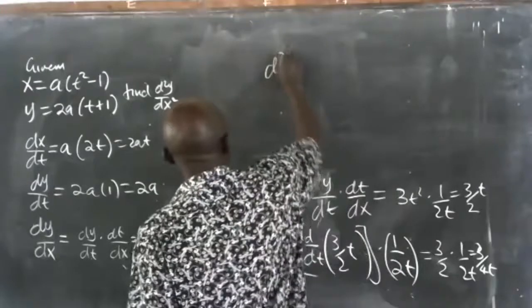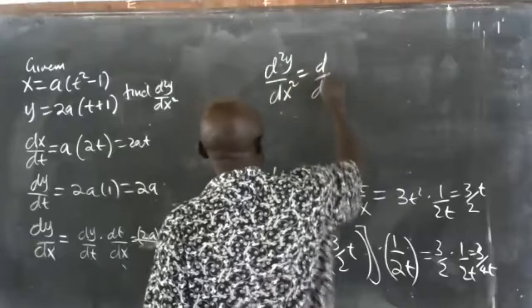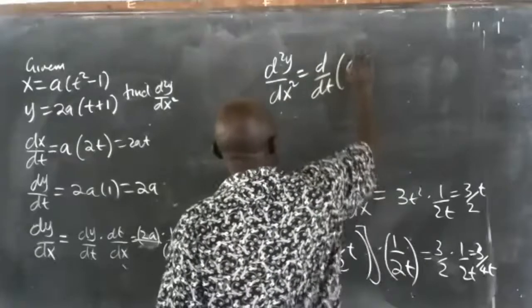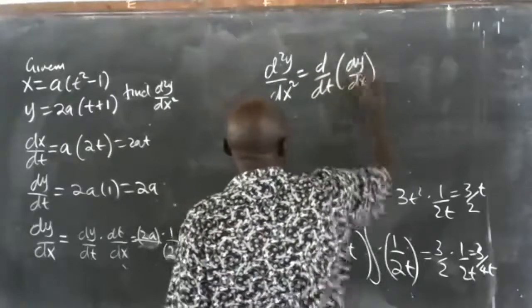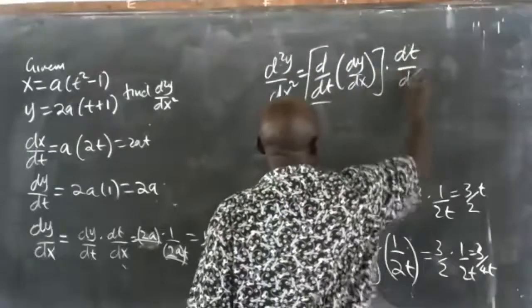So d squared y by dx squared, which they want now, will be d/dt of our dy/dx times dt/dx.